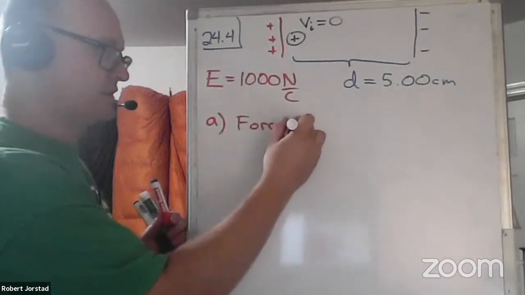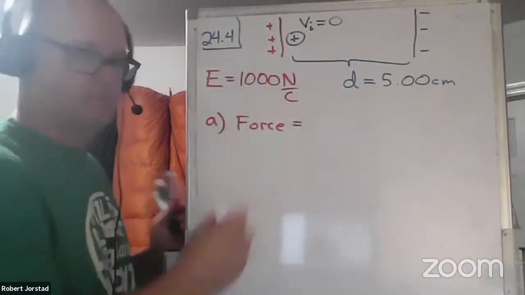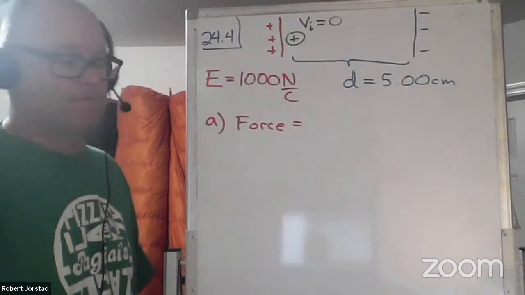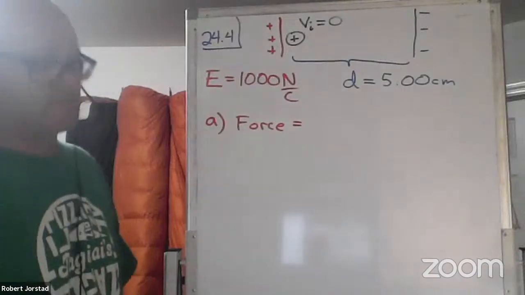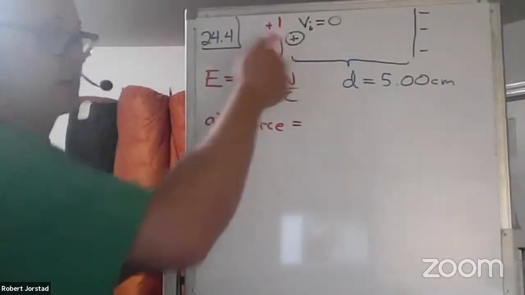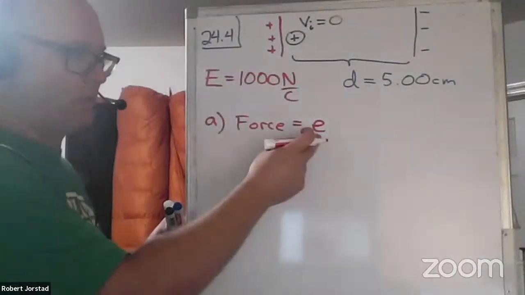How do you get the force in this case? Q times the electric field. Yeah, Q times E. Do I know the charge on a proton? It's just Q, which is E, 1.602 times 10 to the minus 19. All right. What's the electric field?